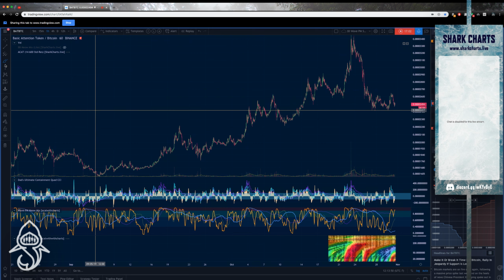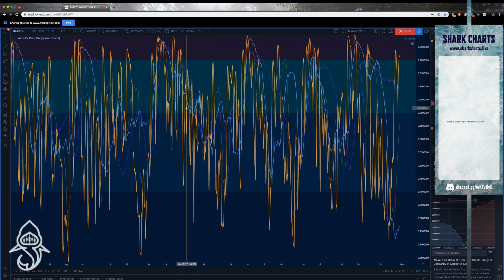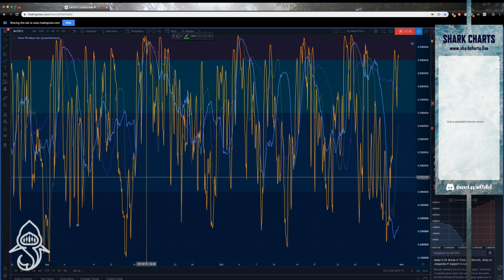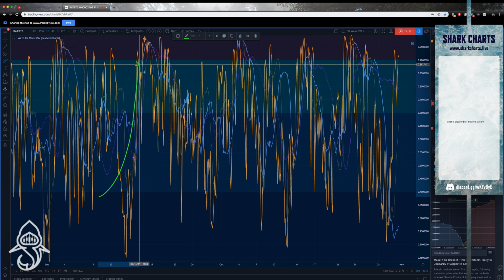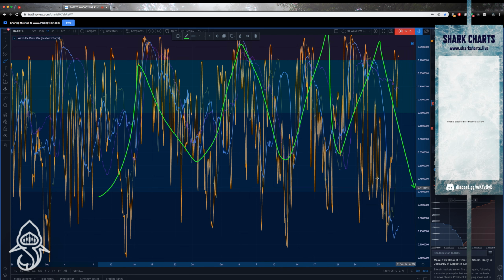So at least down here, we can see the cyclical expansion and compression. I think it's most readily visible on just regular wave PM. Oh, you can see the net periods rising, compressing, rising, compressing, rising, compressing, rising, compressing.